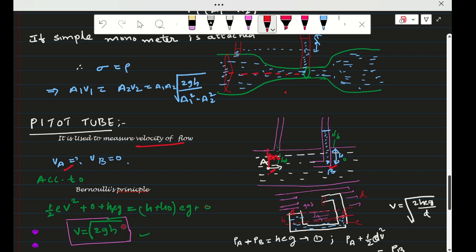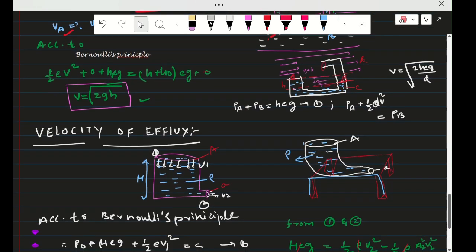So PA plus H naught rho g plus half rho VA square equals, at B, where velocity is 0 and only pressure energy is there, (H plus H naught) into rho g. Now H naught rho g gets cancelled, and V is equal to root 2gh.